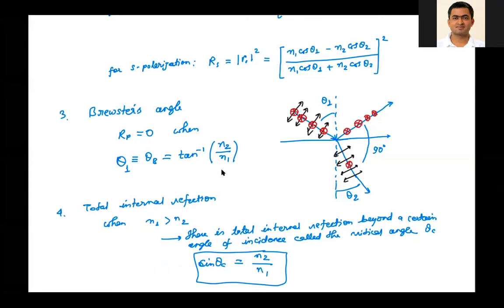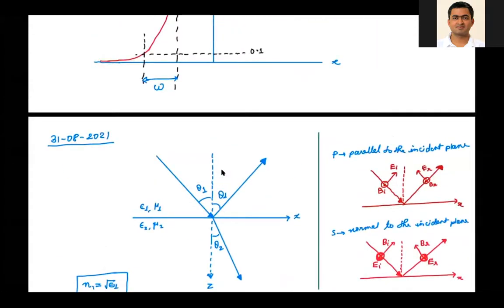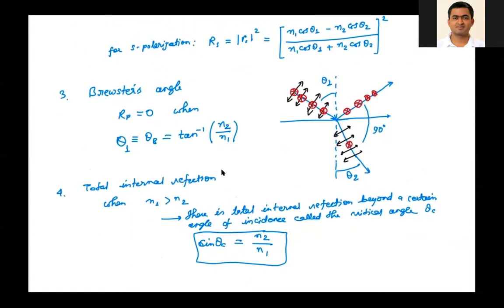This happens when n1 is greater than n2. So if light is coming from a denser medium and going to a rarer medium, and the angle of incidence is larger than sine inverse n2 by n1, then you will have complete total internal reflection.